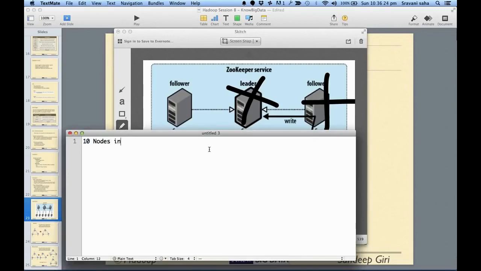In case there are 10 nodes in the ensemble, and 3 nodes are down, will there be a leader selection? Anybody else?